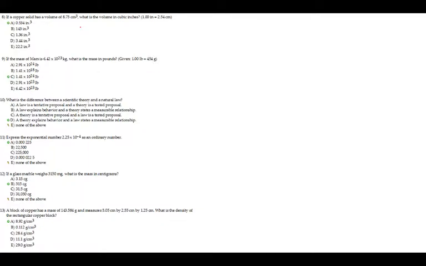Number 8, we're given a volume in cubic centimeters, and we're asked for that volume in cubic inches. A lot of people got confused on this one. Just remember what that cubic symbol means. It really means the centimeter unit is repeated 3 times: centimeter, centimeter, centimeter.